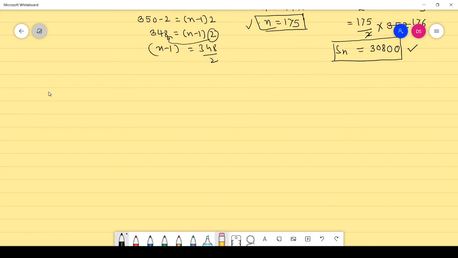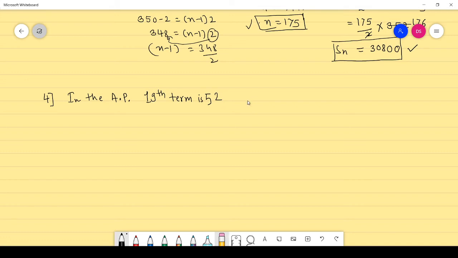Now problem number 4. It is also an easy one. What is problem number 4? In the arithmetic progression, they said that the 19th term is 52. Let me write it properly. 19th term is 52, right?